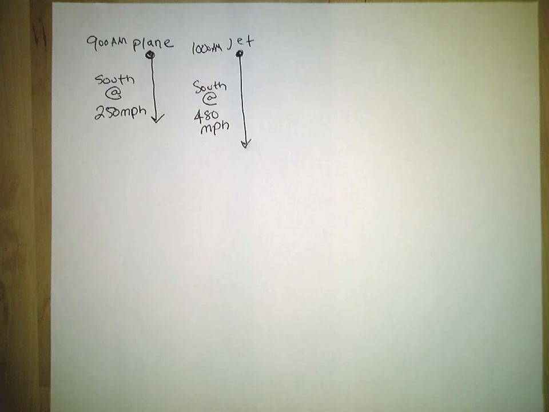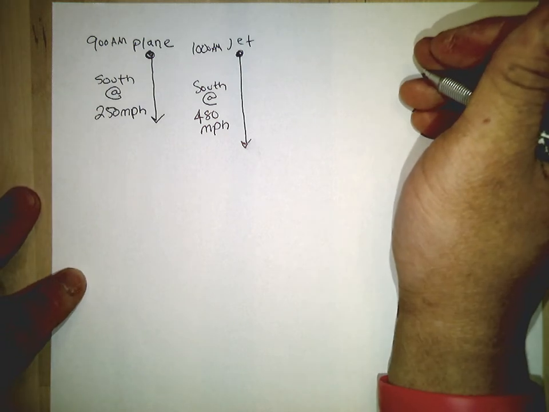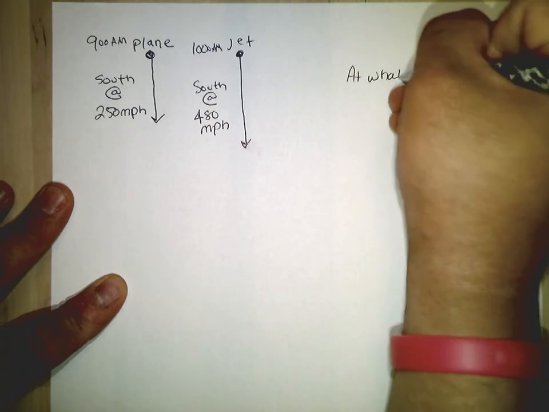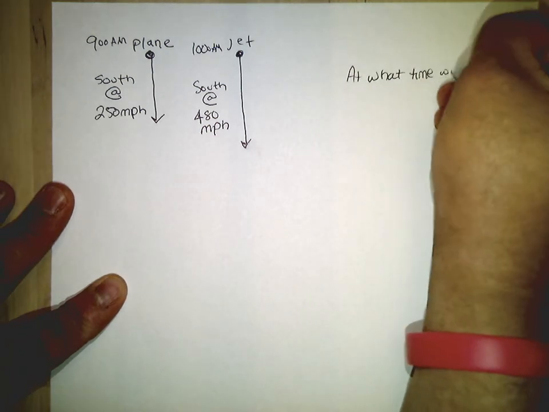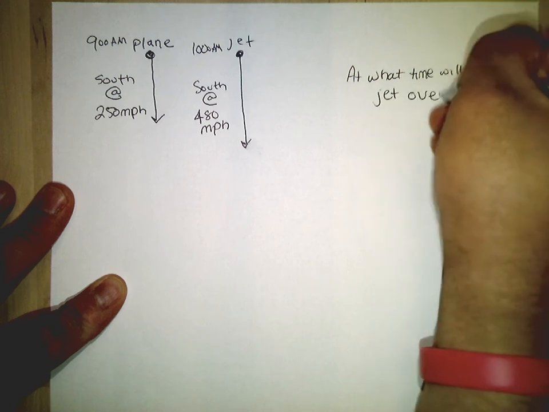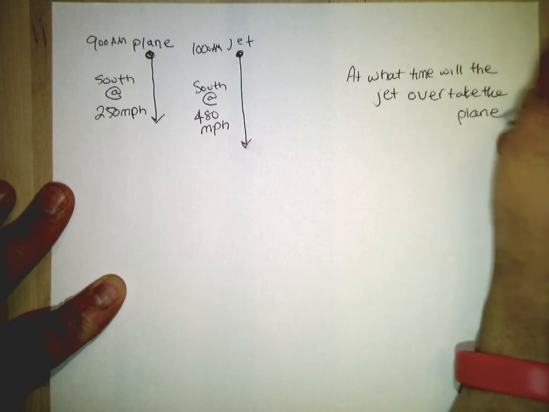So how are you going to write this so that you figure out at what time the jet will overtake the plane?